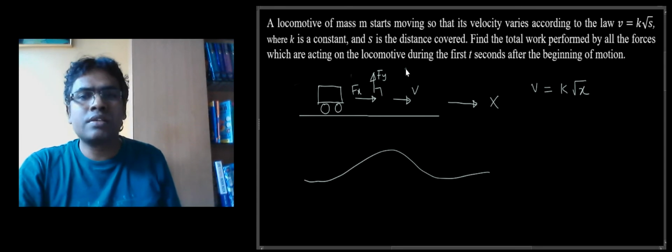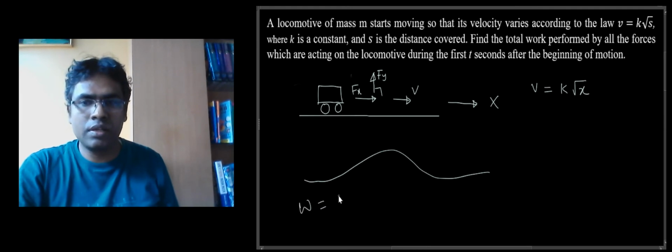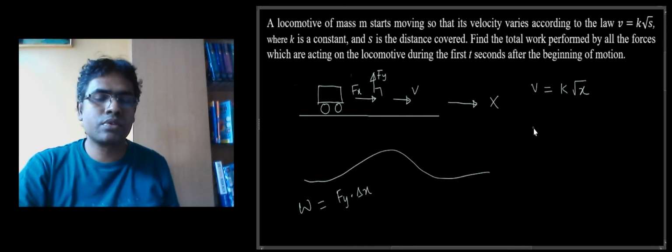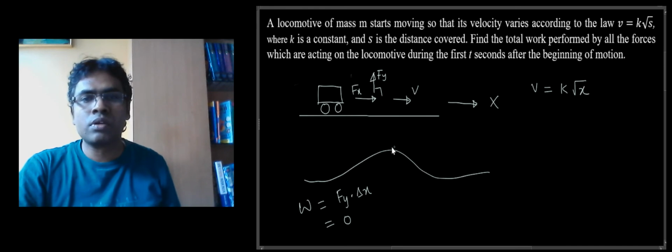Such a force anyway will not do work, because whenever we calculate work done, it is the dot product of force and the displacement. So the force that changes the direction of motion of the locomotive will end up doing zero work, because the angle between the force and the displacement will always be 90 degrees.